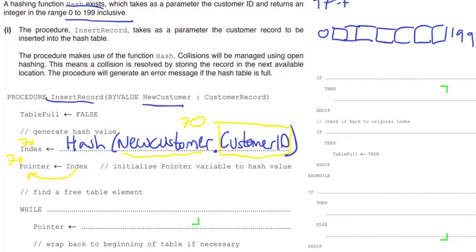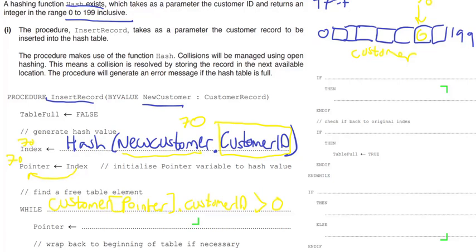Now what we want to do is find a free space in our table. So what we're going to do is we're going to do whilst the customer pointer dot customer ID is greater than 0. So it's going to go to customer. So this is customer array. It's going to go to position 70. And it's going to check to see if whatever's inside it is greater than 0.